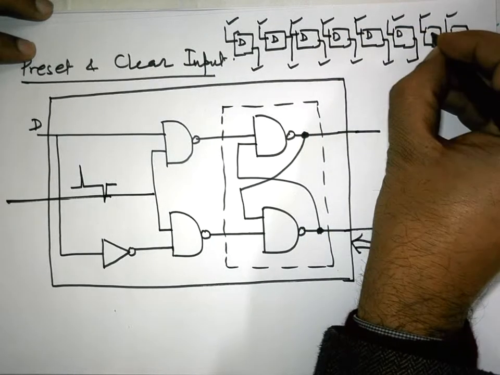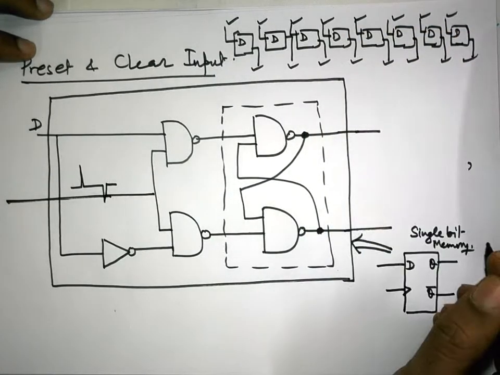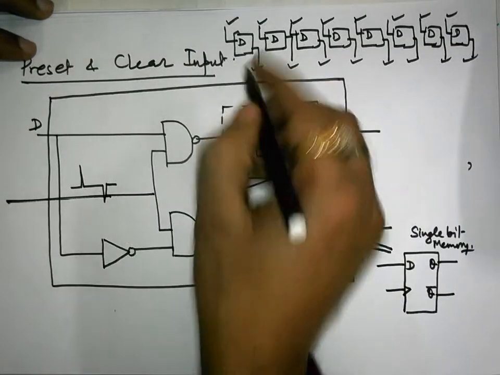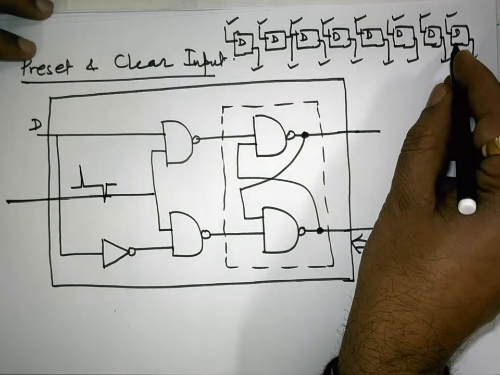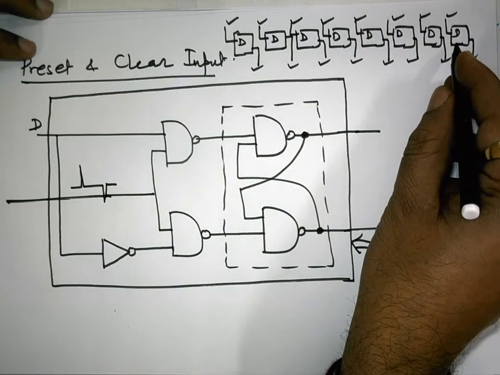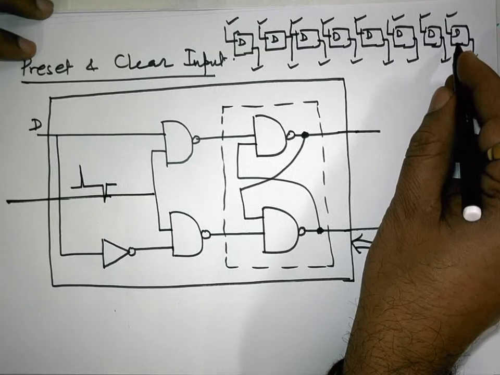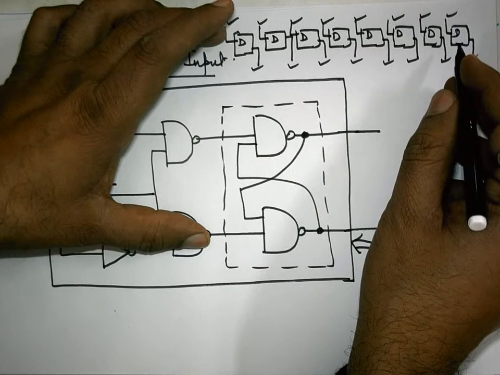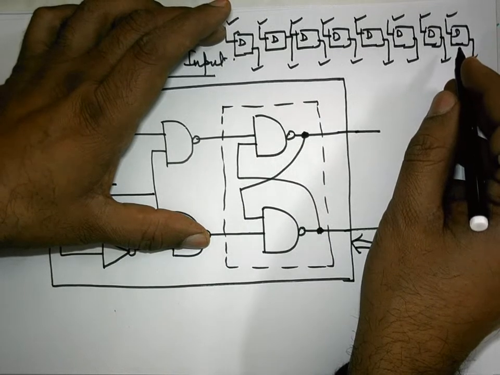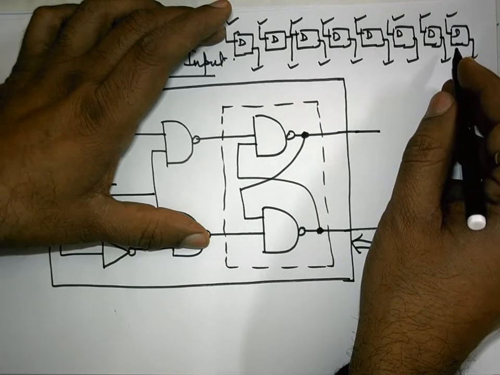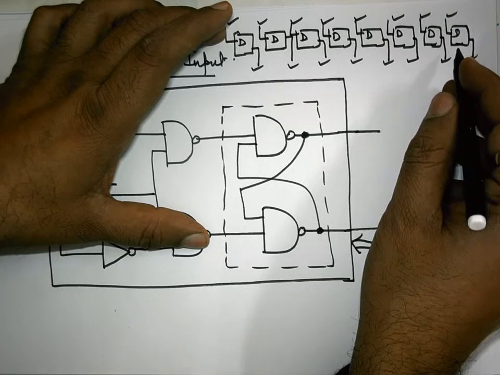And if you make 1000 copies of such bytes, you can realize 1 KB of memory. And if you make further 1000 copies of that 1 KB block, you are going to realize 1 MB memory. Okay.